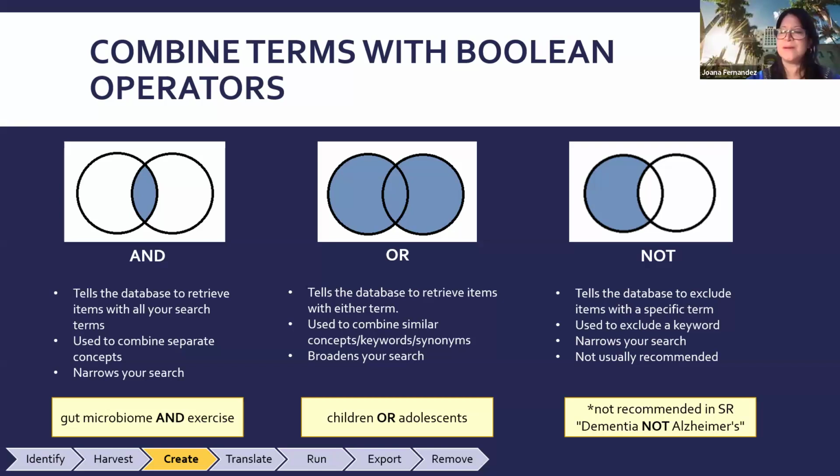For example, you could say, I want articles about exercise, but NOT about medical exercise or about math exercise. Or, as we can see here on the slide, I want articles about dementia, NOT Alzheimer's, and that will automatically eliminate those. Again, because it's a systematic review, you want to be careful with automatic eliminations. What you prefer is to have everything and then manually, through the screening stage that we will cover later, take care of excluding those.